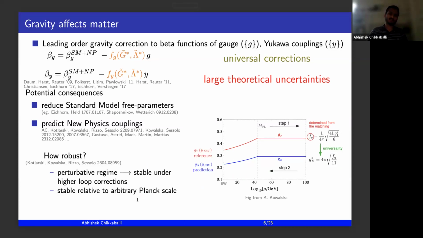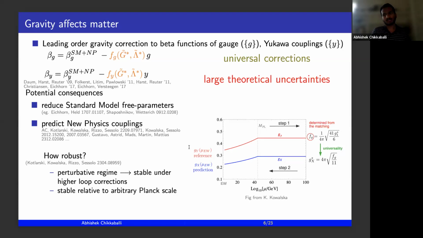Now we can ask how robust these kinds of predictions are, of course discounting the theoretical uncertainties that I mentioned earlier. Since these couplings remain in the perturbative regime throughout the entire RGE flow, the predictions from these one loop beta functions are actually quite stable under higher loop corrections as well.